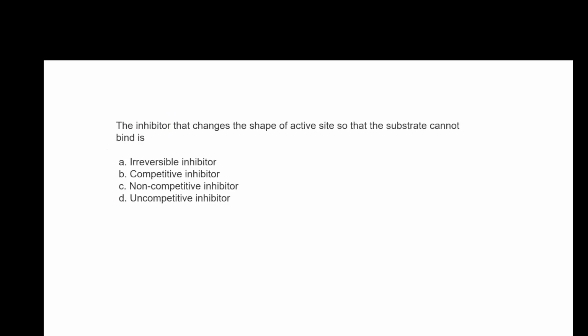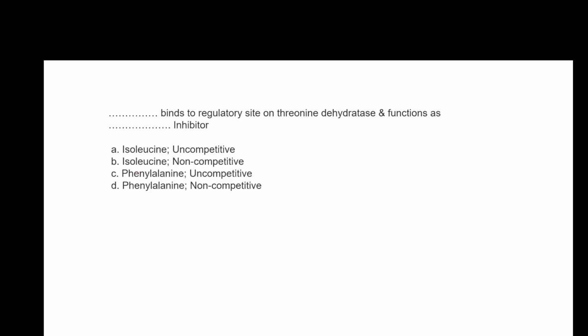So both will be reduced. Okay. So decrease in the Km and reduction in the Vmax value as well in case of uncompetitive inhibition. So the inhibitor that changes the shape of the active site so that the substrate cannot bind is also a non-competitive inhibitor. Next is, dash binds to regulatory site on threonine dehydratase.